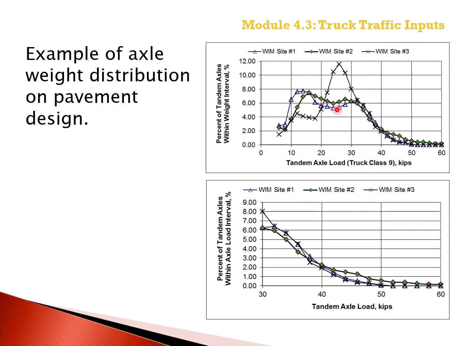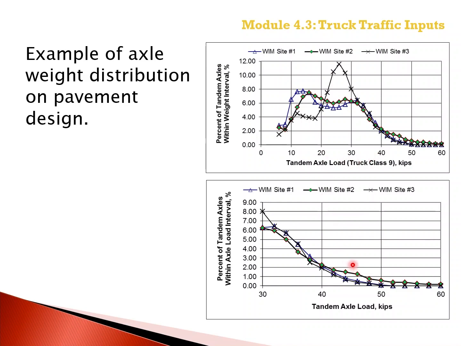It shows the tandem axle load distribution for a class 9 truck. We then have WIM site 2 showing the same thing. And then we have WIM site 3, which also shows the same data. Percent of tandem axles within the tandem axle weight intervals.